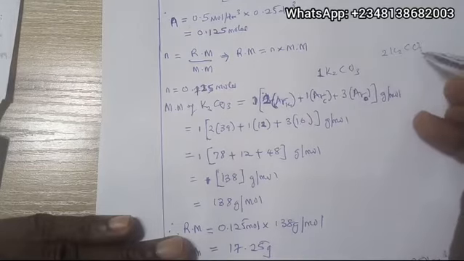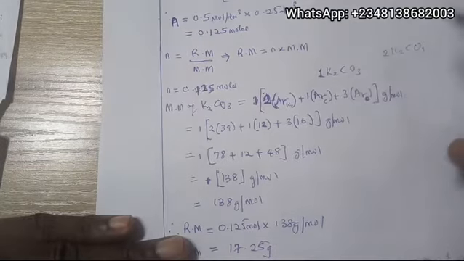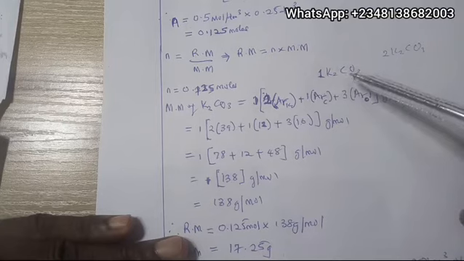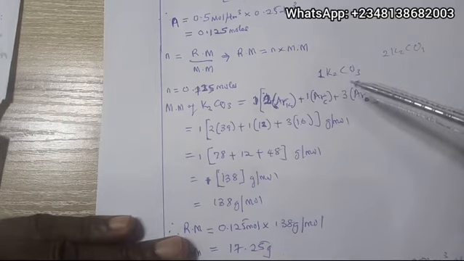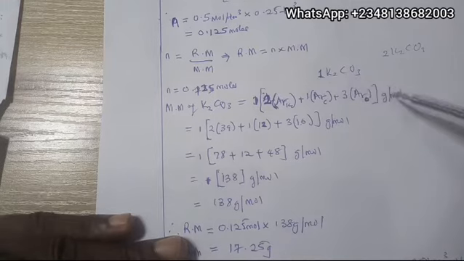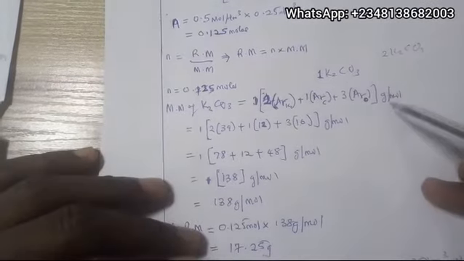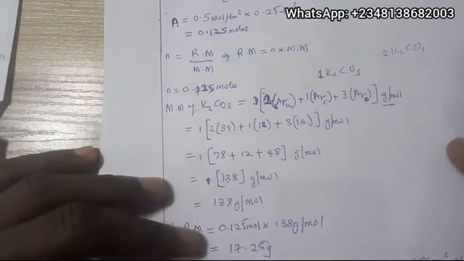Now, we are looking for 1 mole. If molar mass is the mass of 1 mole, that means molar mass will have a unit of gram per mole. So gram per mole is the unit of molar mass.